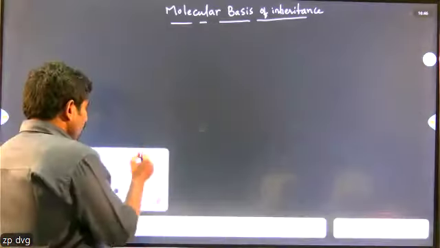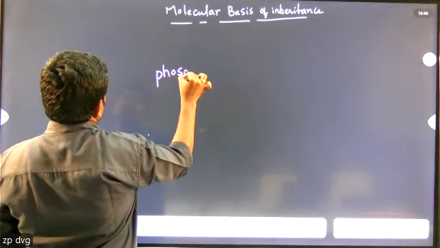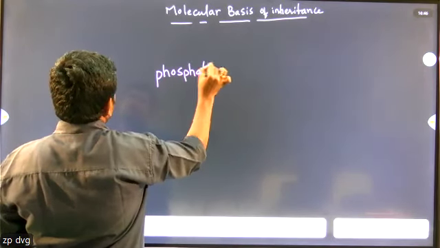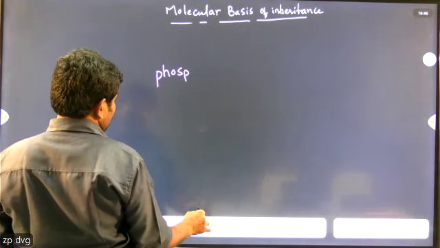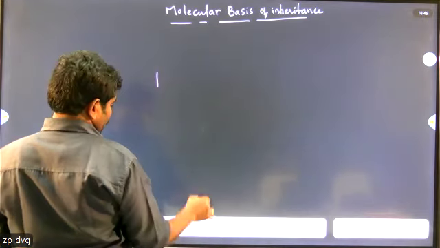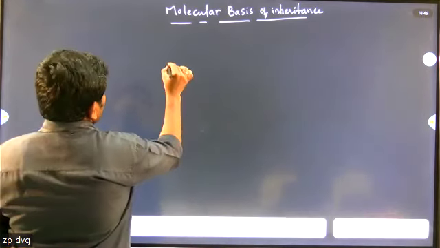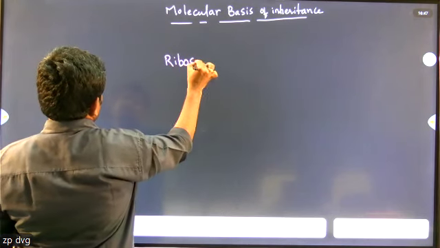That's one. Next one is the phosphate group. Let's see. For example, let's take ribose sugar plus ribose sugar.